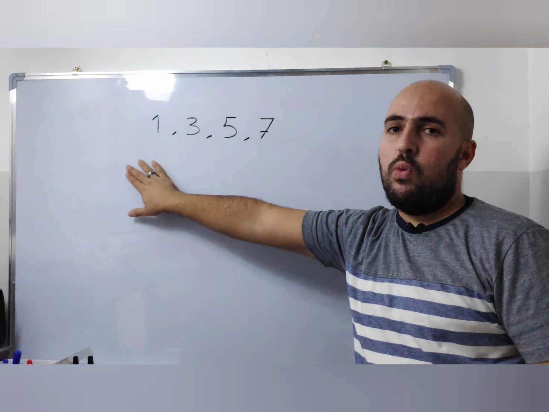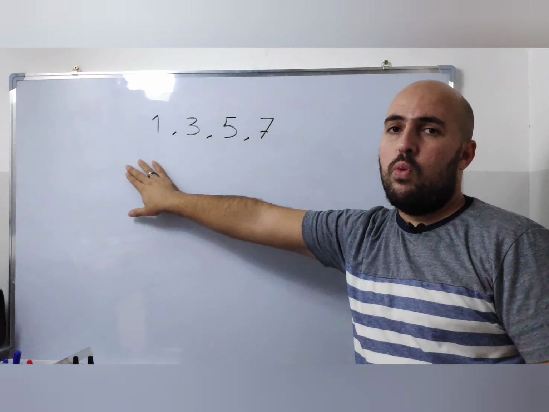And how did the 3 become 5? By adding 2. And then we add 2 again to make it 7. So we add 2 each time. This is how we know this is an arithmetic sequence. And this is called the D1, or the first difference. So D1 equals plus 2.